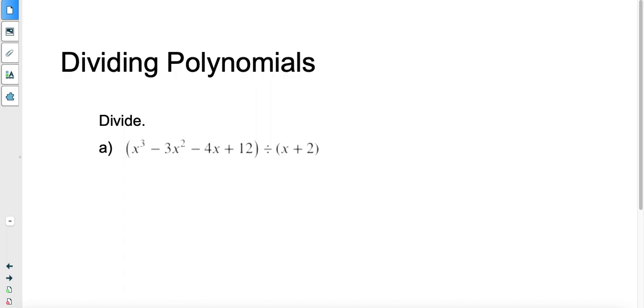We can use the same idea to help us divide polynomials in this form. Okay, here I want to divide this polynomial by x plus 2. So first, I'm going to write this out using long division.